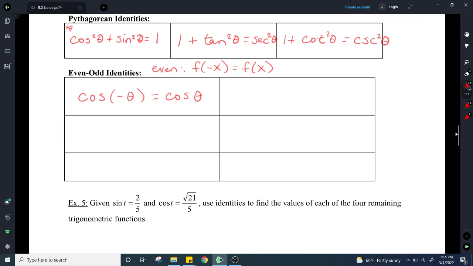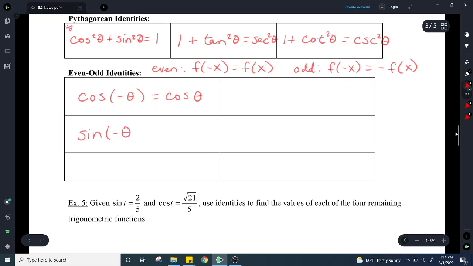And the definition of an odd function is that f of negative x should simplify to negative f of x. So if I tell you that sine is an odd function, that means sine of negative theta should simplify to negative sine of theta.